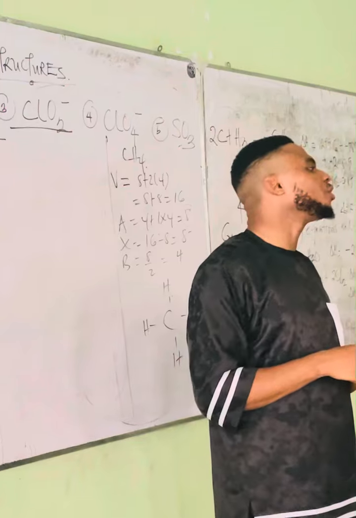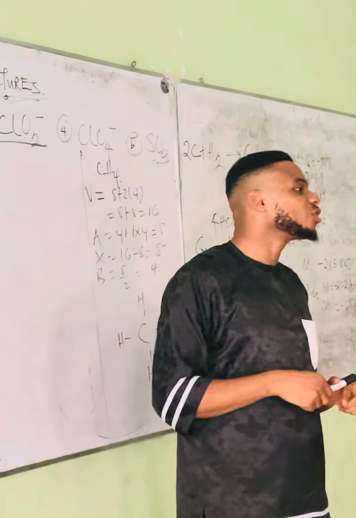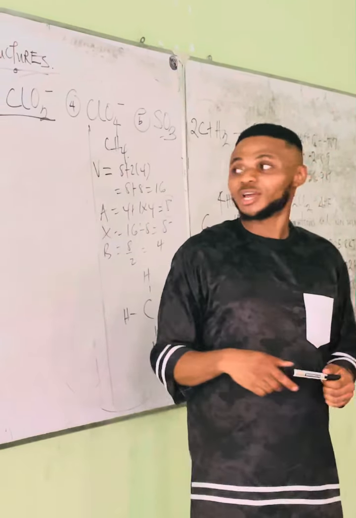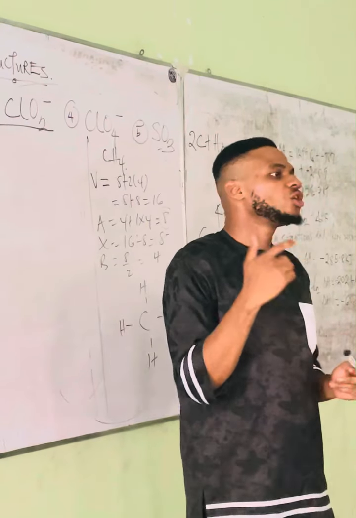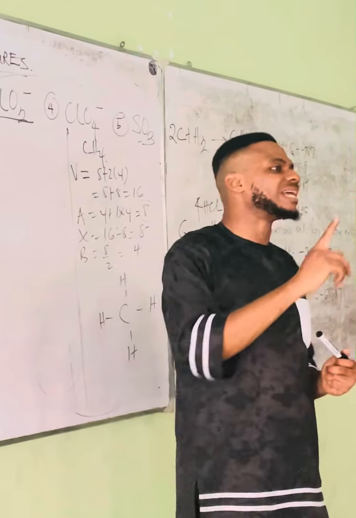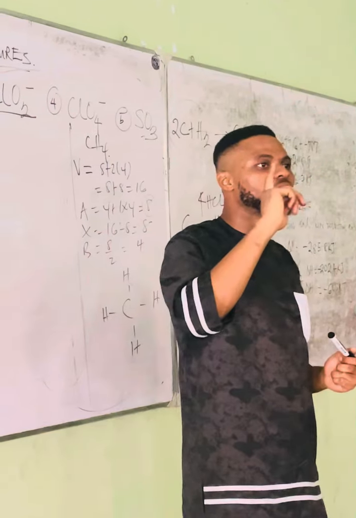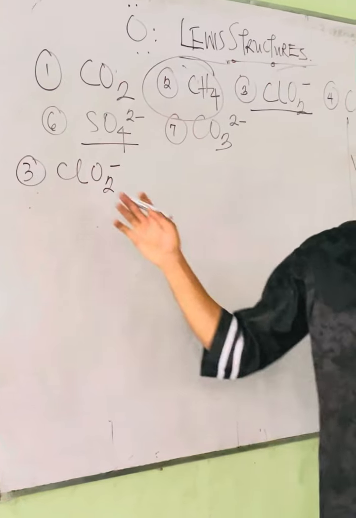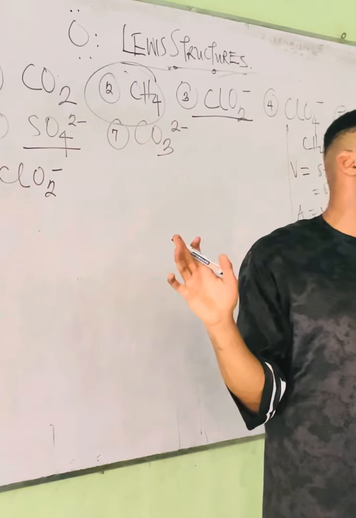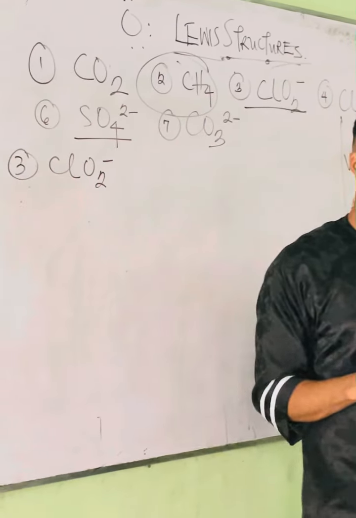Are they in the same period? No. But remember, that should not even be your concern at this stage. Your concern should be on the one that has one atom. Chlorine has one atom, so we have chosen chlorine as our central atom.